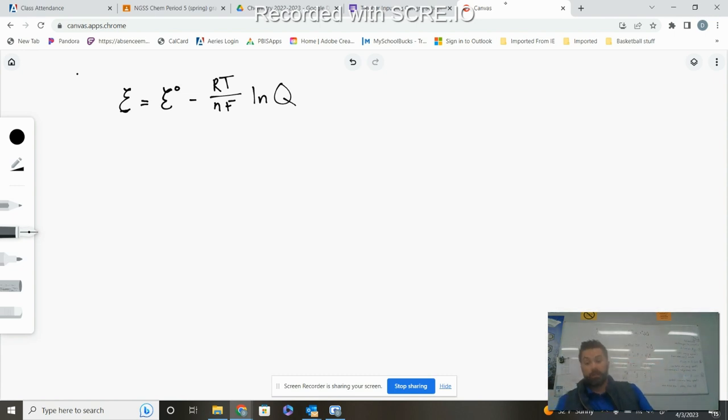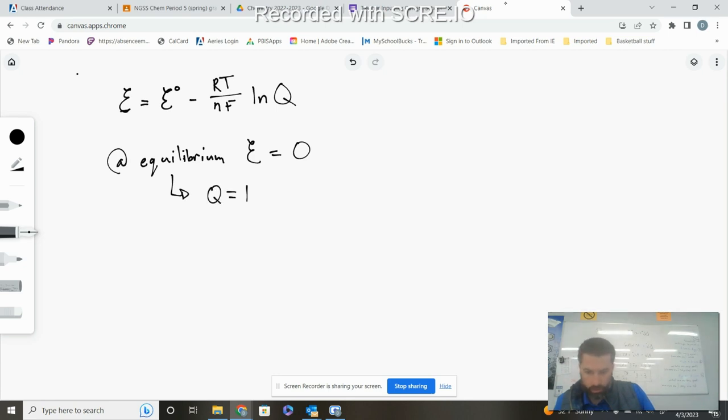We also said that at equilibrium, our voltage equaled 0. And at equilibrium, also, our Q equals KEQ.